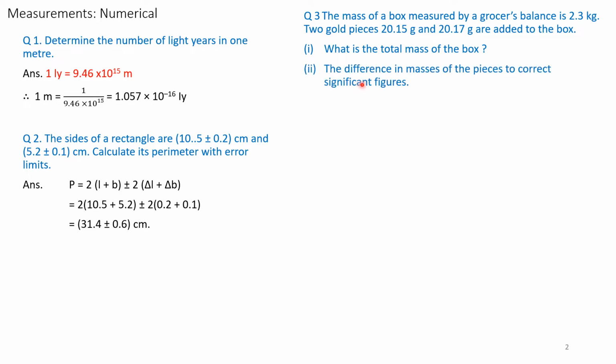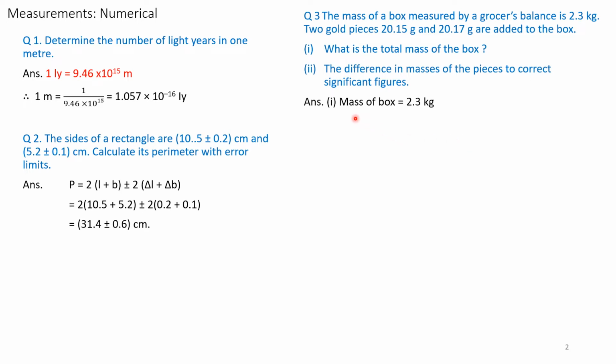Part 2: what is the difference in masses of the pieces to the correct significant figures? So it is given, please note the mass of the box is 2.3 kg. It is given in kg, whereas the gold pieces weight is in grams, 20.15 gram and 20.17 grams. So we will solve the question.